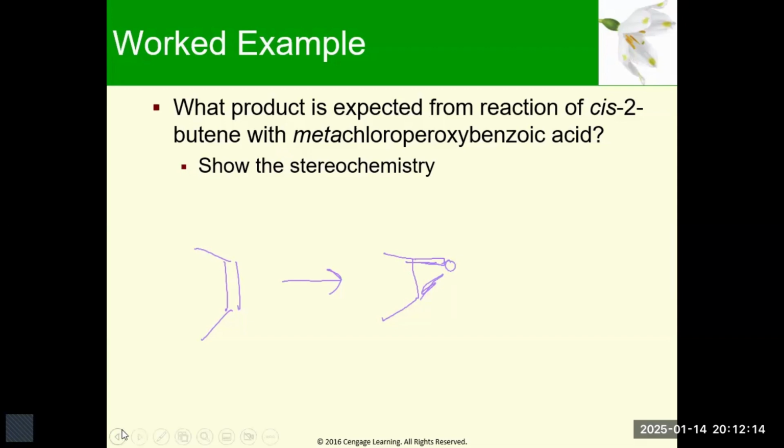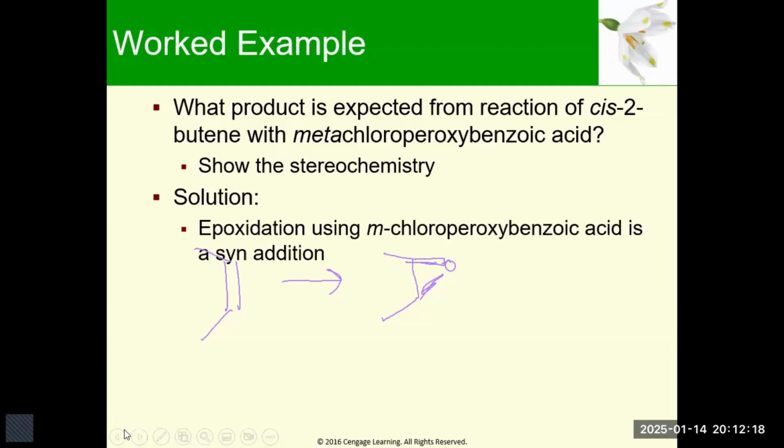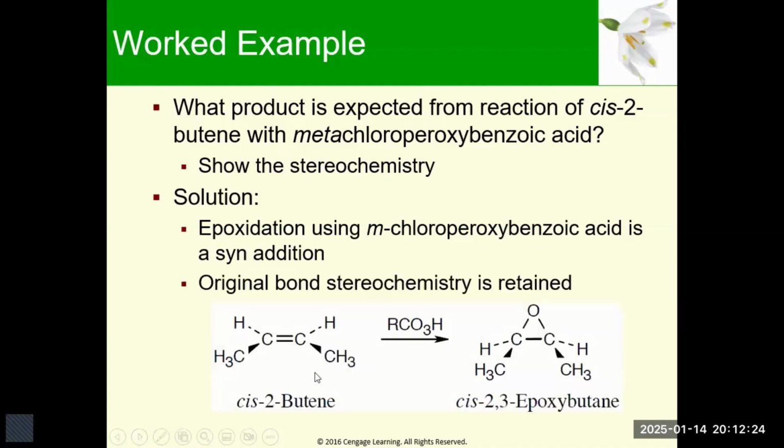I keep calling them peroxides, I apologize, you guys. An epoxide, not a peroxide. So let me erase my stuff and let's see it. Very good, right there. Same thing, an epoxide. And again, it's important to know that, how I drew it, your methyl groups are cis because it's syn addition.